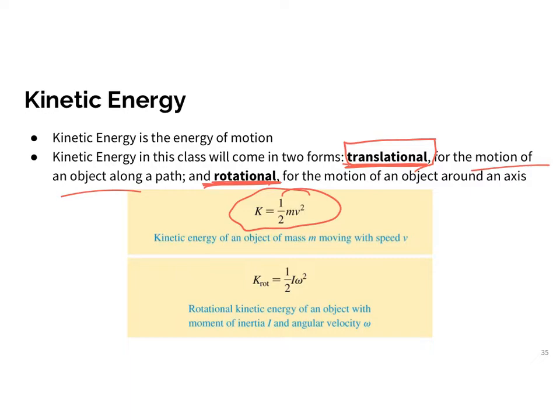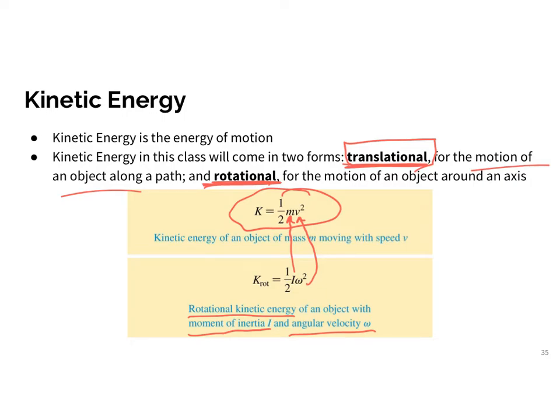Okay? And then we also have rotational kinetic energy. It gets a little confusing because we haven't talked about any of this yet, but it's an object with a moment of inertia I and angular velocity omega. If you notice, these are directly parallel. I goes with m and omega squared goes with v squared.